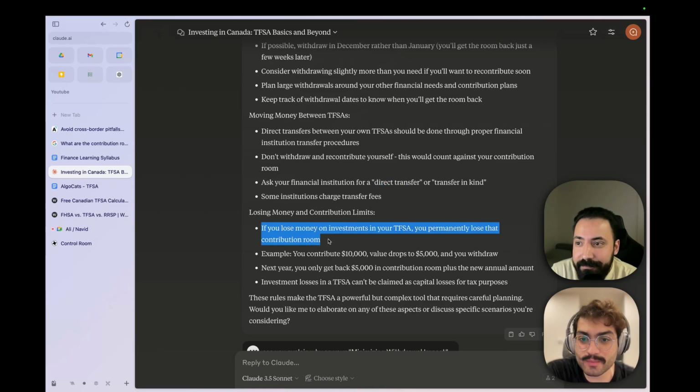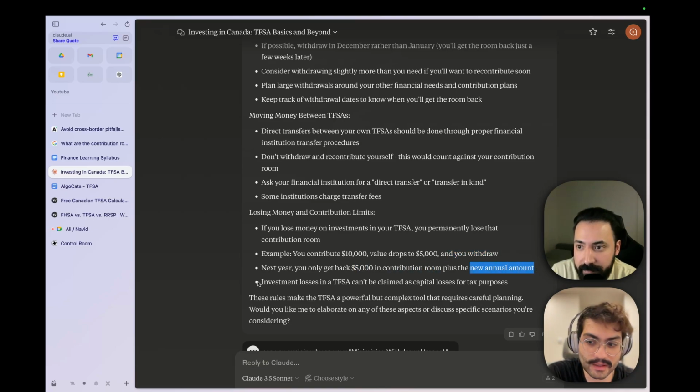If you lose money on investments in your TFSA, you permanently lose that contribution. For example, you contribute 10K, the value drops to 5K, and you withdraw. Next year, you only get 5K in contribution room, plus the annual amount. Investment losses in a TFSA can't be claimed as a capital loss.